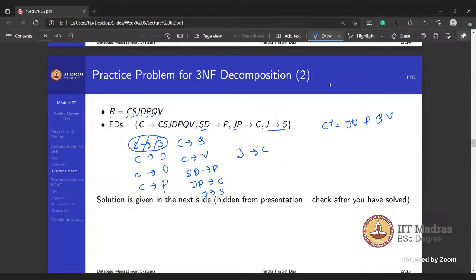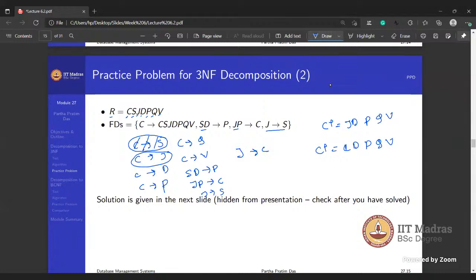Then you have to see whether C determines J is extraneous or not. Without the help of C determines J, we have to find the C closure. If you find the C closure without it, you will get C, D, P, Q, V, and you cannot find J. So this is not an extraneous functional dependency.